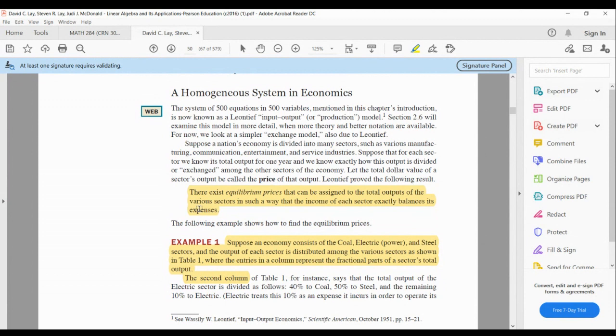Any sector in an economy makes money by selling their product, but they also need to buy product in order to make their product. So this is an economic type model.